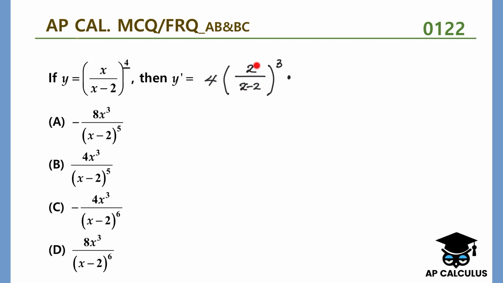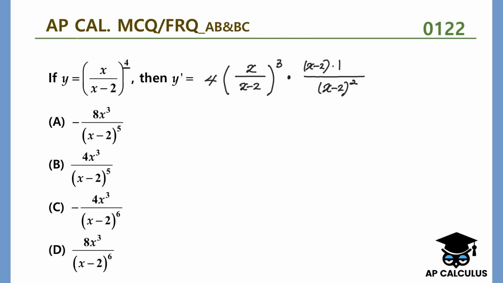So the derivative of this is going to be, we're going to have to apply the quotient rule since we have more than one term in our denominator, right? So the quotient rule is always denominator squared, (x minus 2) squared. Numerator is going to be low d high, low (x minus 2) times the derivative of high, which is equal to 1, right?